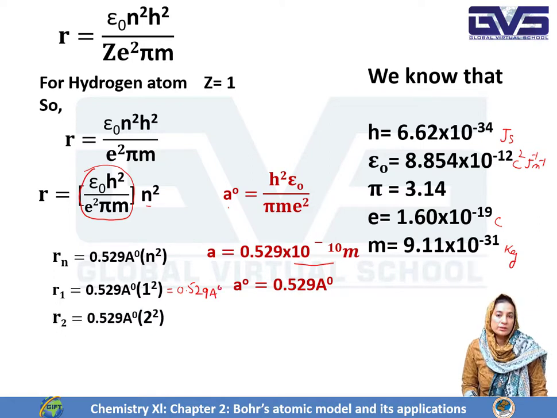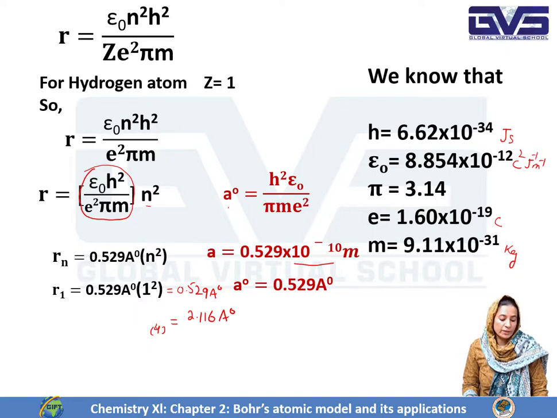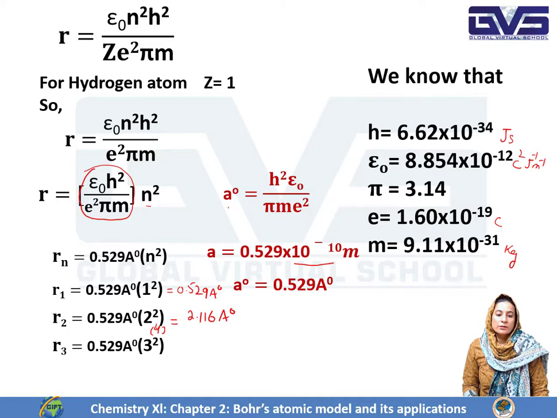Similarly, you can calculate for the second orbit. 2 square means 4, so you multiply 4 with 0.529, and you find its value, it's almost 2.116 angstrom. Similarly, you can calculate the radius of the third orbit. 3 square is 9, so 9 will multiply with this.